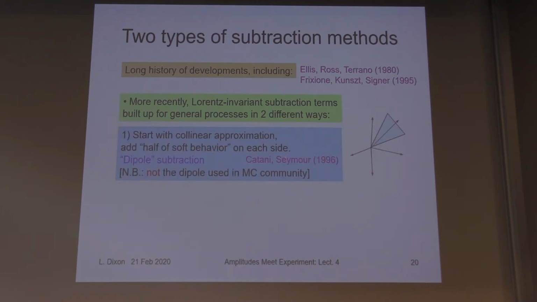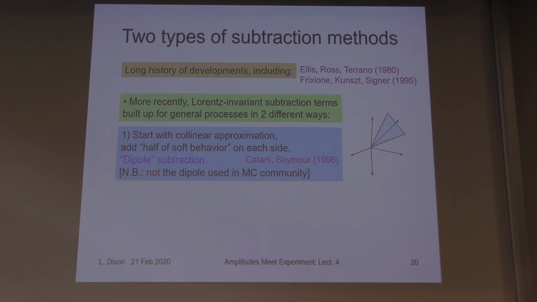And then a little bit later, there was a dipole subtraction method by Catani and Seymour. And this dipole subtraction method is sort of collinear focused. In other words, it thinks about the collinear behavior of the cross-section.